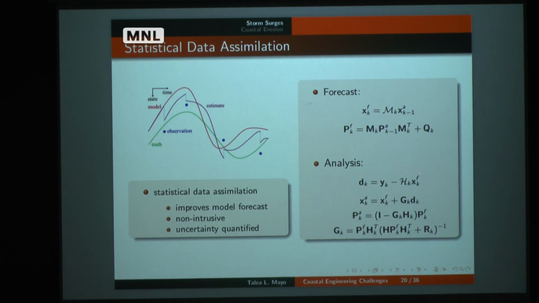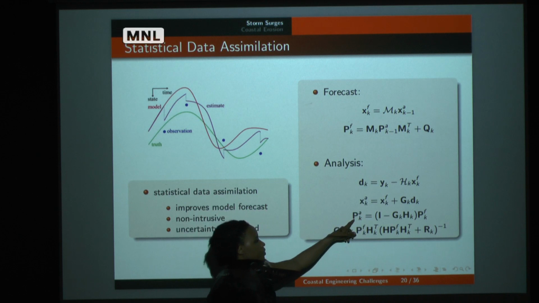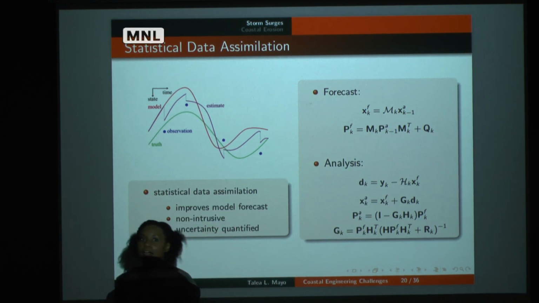Okay, so if I have my water height that came out of the model and then I have an observation, if they're not different at all, then I think it's doing a good job, and then I should not update this at all, right? So D would be 0, and then XA would just be XF. I would leave it alone. Okay, but if they're different, then I should be updating it. I should add to it. So XA is the analysis based on the data. Okay, and then what's nice is that you also get an analysis of the error variance.